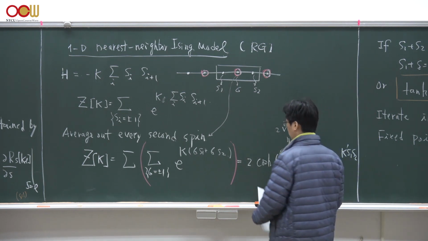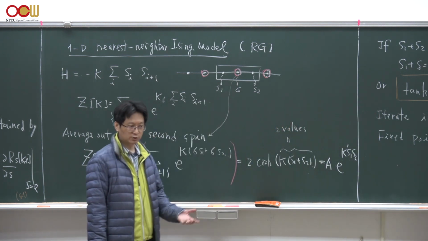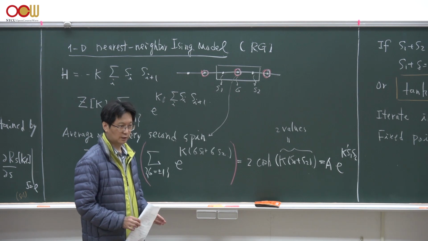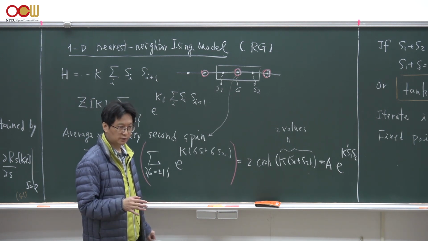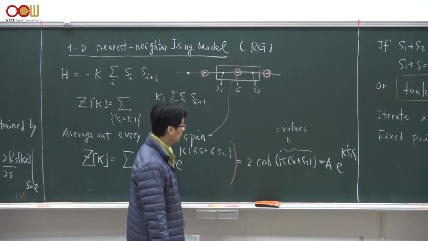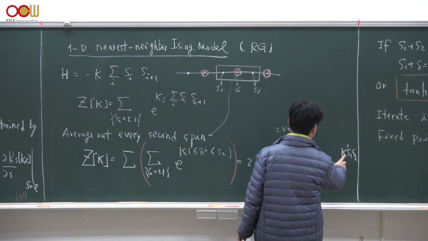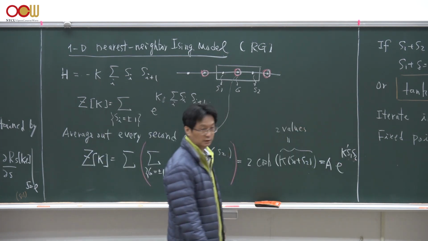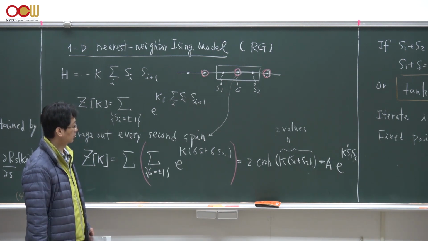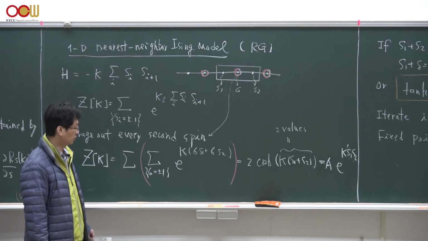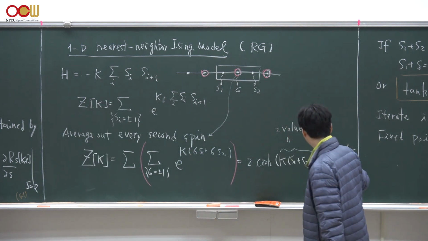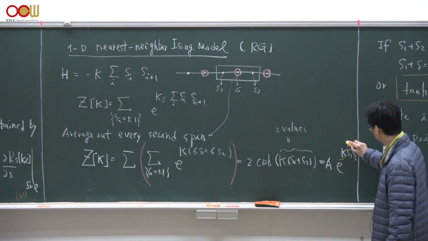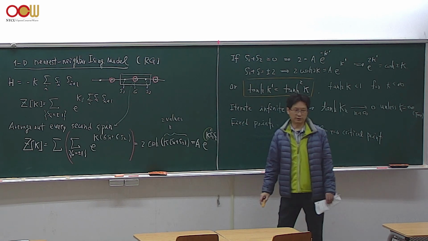And we know that this has to be equal to the coarse-grained Hamiltonian, which is the Ising coupling between the blocks, which we call K prime S1 S2, because the block spin is also in terms of the S1 and S2, but the Hamiltonian can be expressed in the same Ising form only with a modification of the coupling constant.